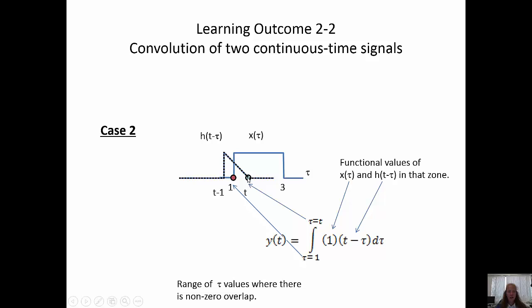And when tau is greater than t, our h of t minus tau is 0 for all those values, and sometimes x of tau is also. But only when our tau values are between 1 and t are both of them non-zero. In this case, our x of tau is a value of 1, and our h of t minus tau has that t minus tau you calculated a little bit earlier. That's our integral that we want to work on.